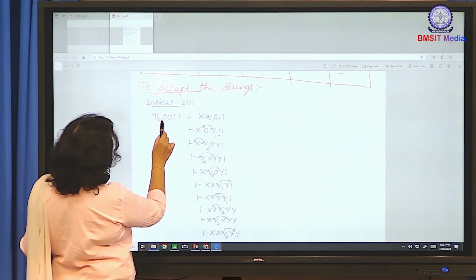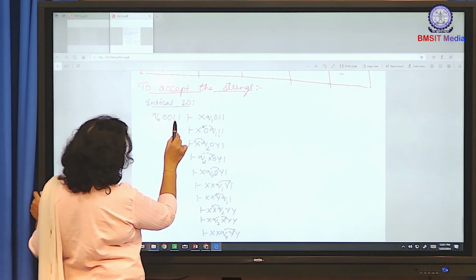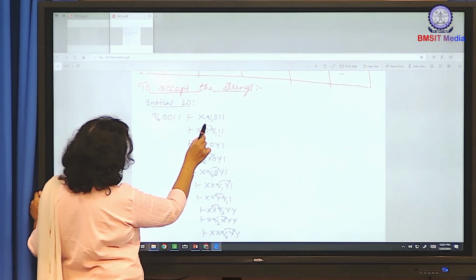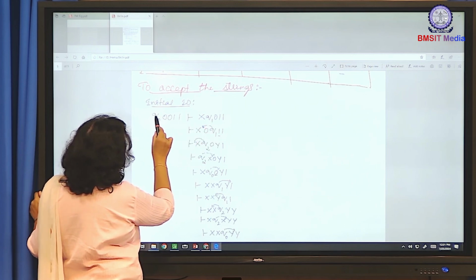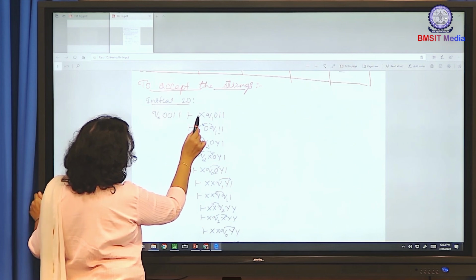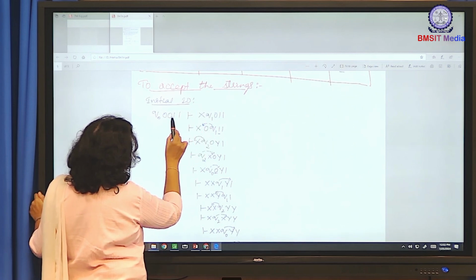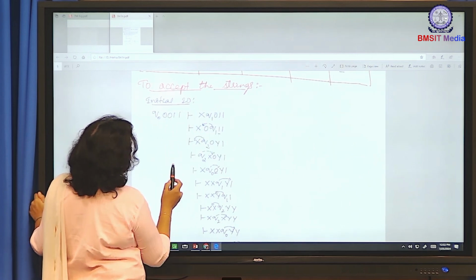I have to change the first 0 to X, change the state to Q1 and move to the right. So Q0 becomes Q1, 0 becomes X and the head is moved one character to the right: X, Q1, 011.